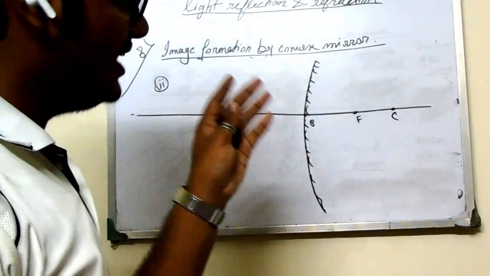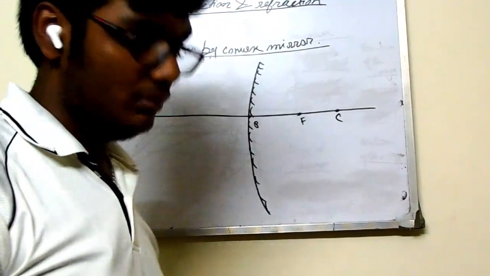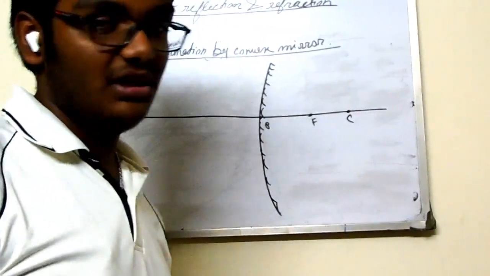So why are there only two here, as in the concave mirror there are six?